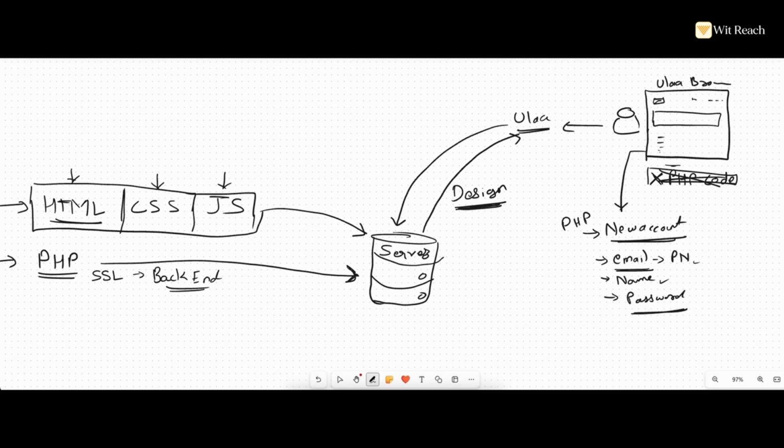Now, when the user enters the email address and password, it has to be stored somewhere, right? Or else if the user comes back after some days or some time and tries to log in with the same email address and the password which the user has already given to us while creating the account, this has to be stored somewhere.